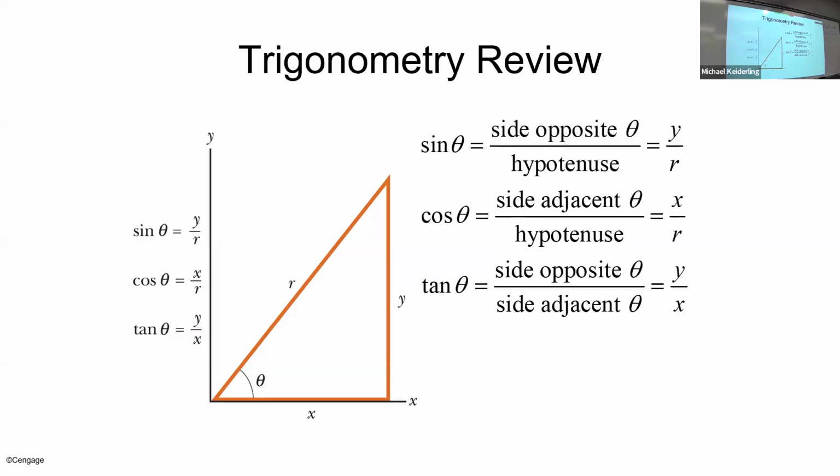The adjacent side over the hypotenuse is the cosine, that's x over r. And the tangent is the opposite side over the adjacent side, that's y over x. And if you want to find r from x and y, you can use the Pythagorean theorem: x squared plus y squared equals r squared.